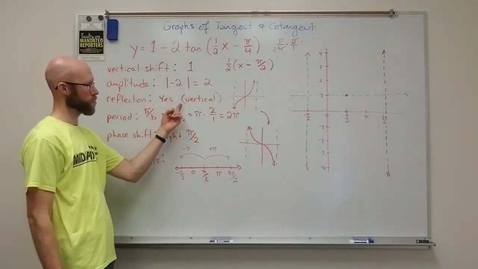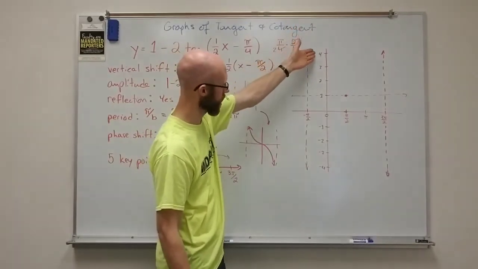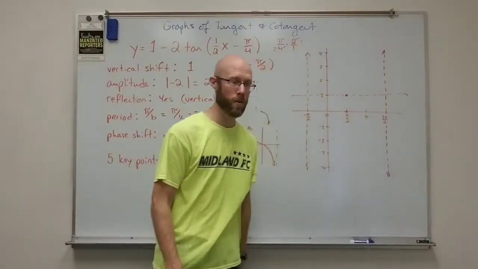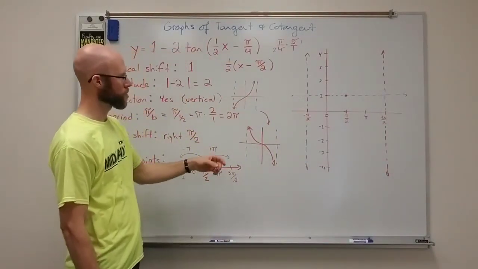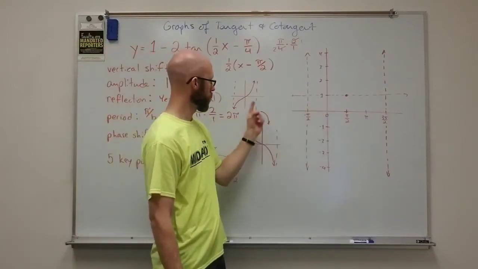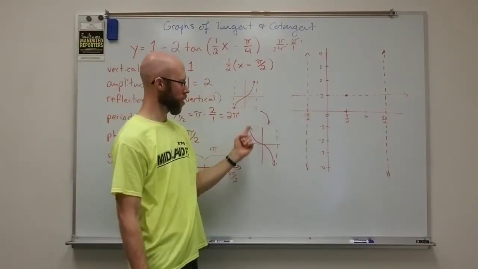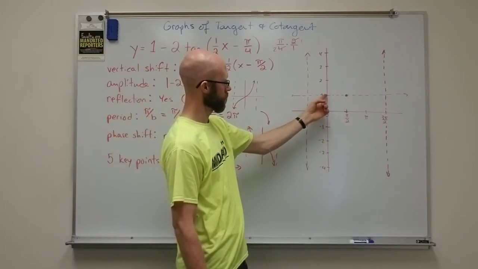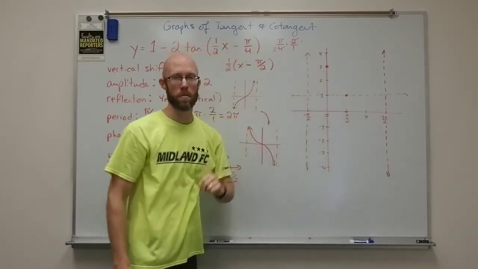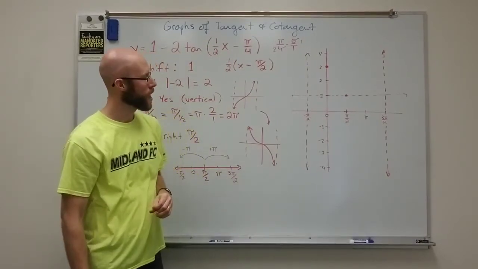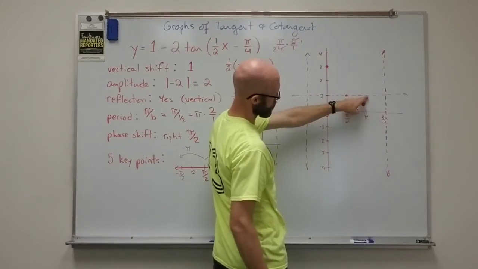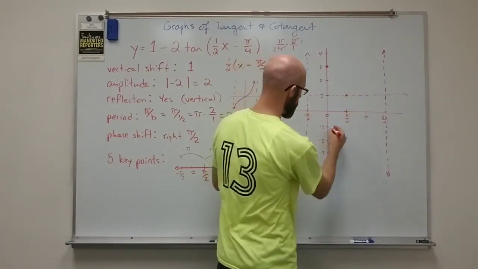So because we have this reflection, our graph actually starts high, comes down to that intercept, and then goes down to the right. And so for our amplitude on the left, instead of going down 2, we actually have to go up 2. So from 1 we go up 2 and we hit 3. So actually 3 is going to be our y-intercept now. And at pi, we would go down 2 from that middle axis, so 1, 2 would be at -1.